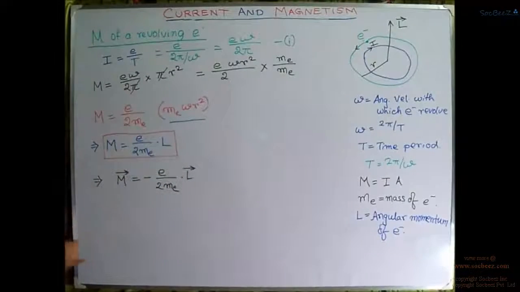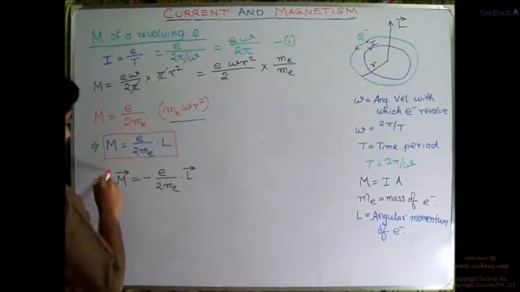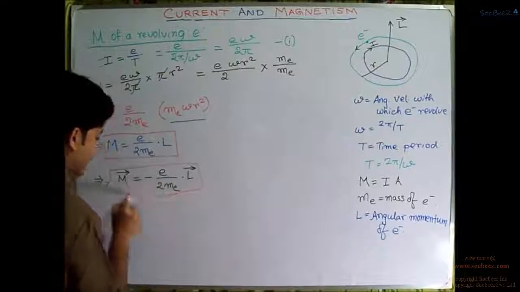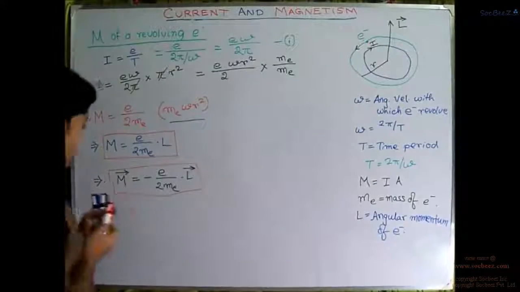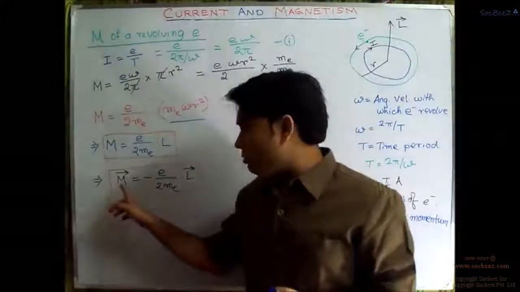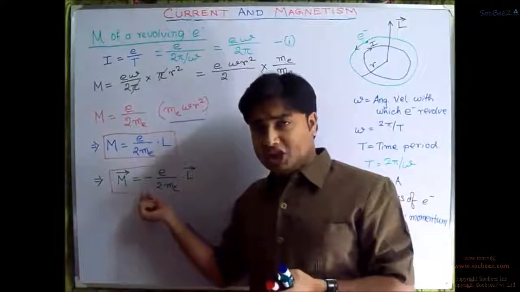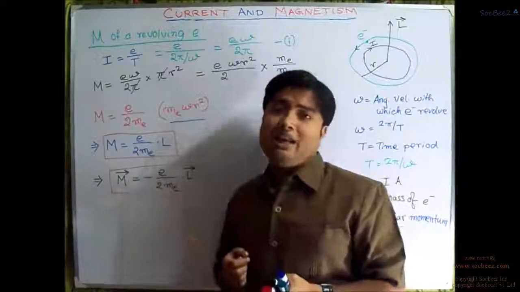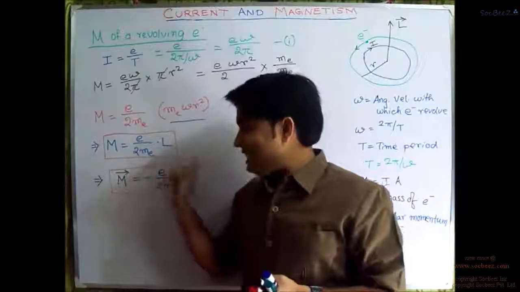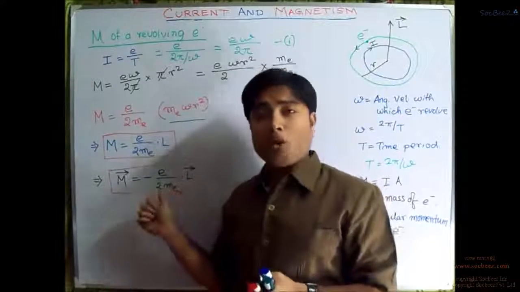So in this expression, we can find that this magnetic dipole moment is negative in direction of this L. This is in the vector form.